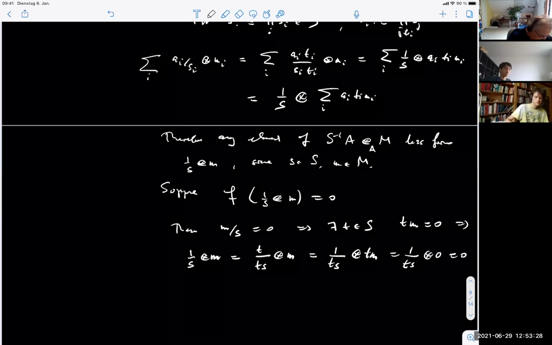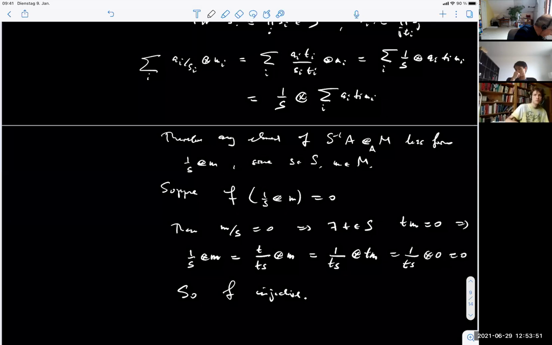So we get 0. So F is injective. You see, I had this trick before. We want to show something is 0, so we move it to the other side, where it becomes an annihilator.